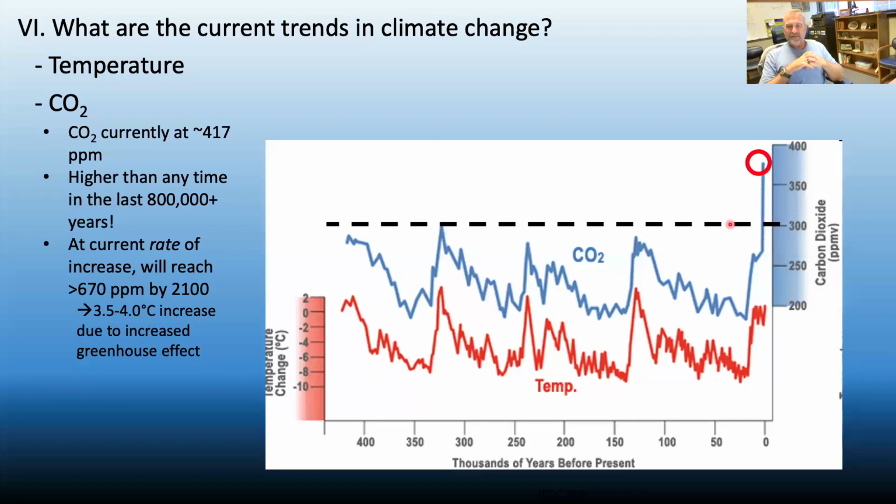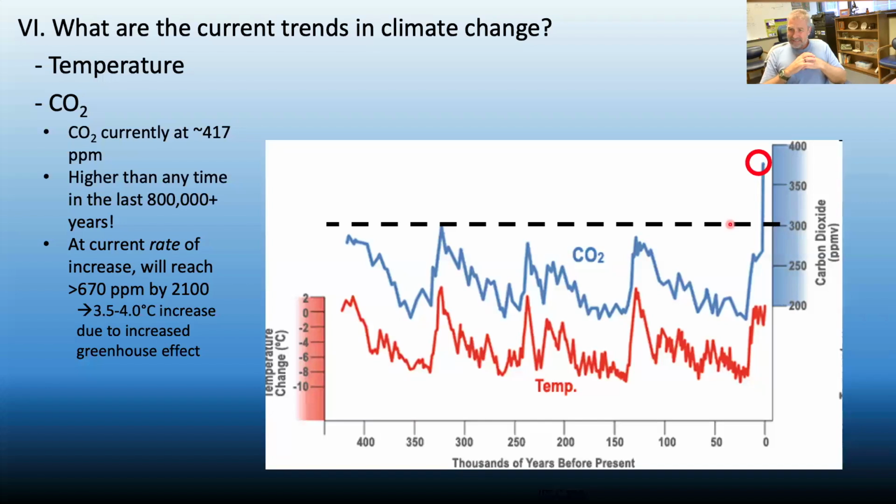Because the estimates have been anything over about 450 parts per million is going to start a catastrophic decline in terms of the stability of the climate. Remember, stability is the thing that's allowed us to maintain agriculture over the last 10,000 years and has led to our ability to survive very comfortably on the planet with a level of technology that's been unprecedented in human history, especially in the last 150 years.